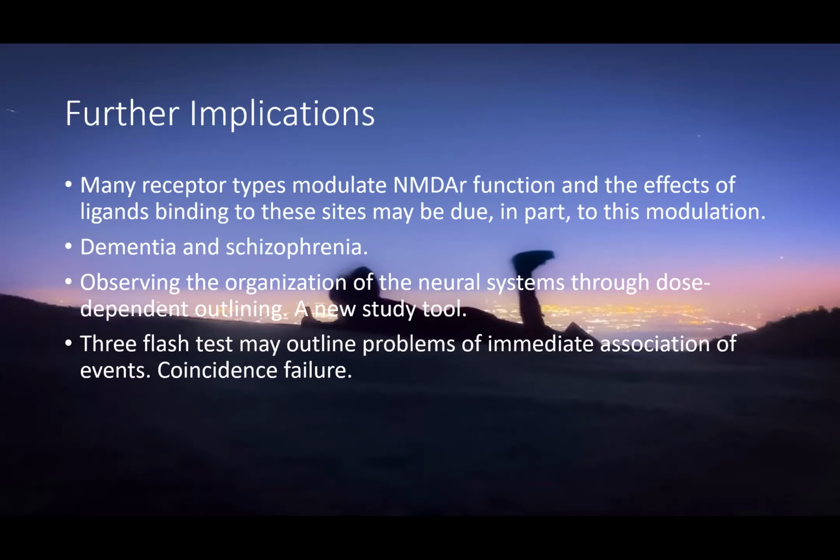Many of the other receptor types in the brain modulate NMDA receptor activity, like the 5-HT2A receptor was mentioned. There's also the mu opioid receptor, D2 receptors, D4 receptors. There's a lot of different mechanisms that seem to converge and manipulate what goes on at NMDA receptors or even AMPA receptors.